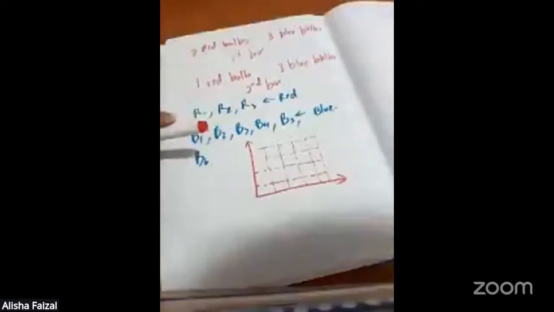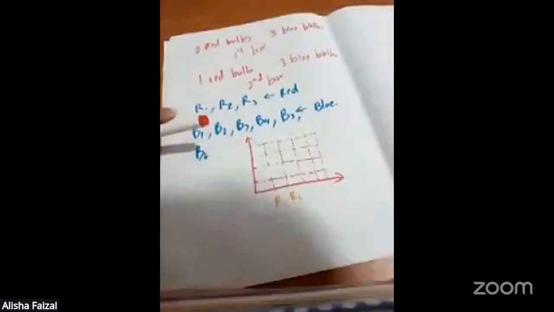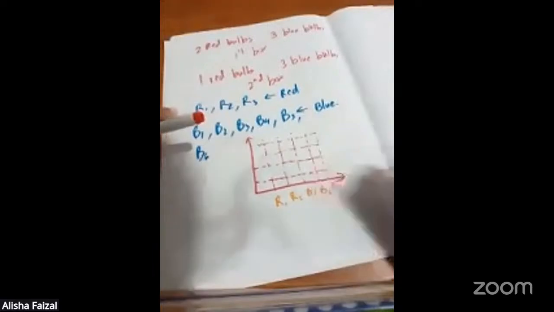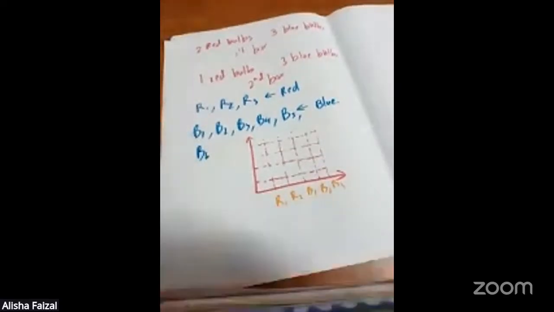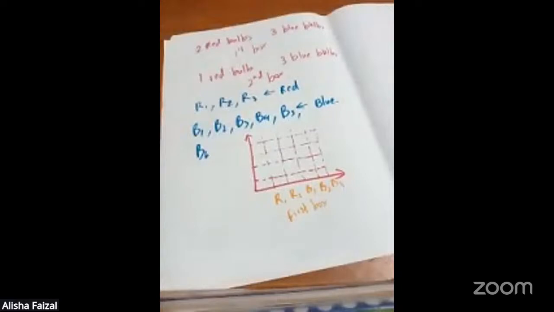So in the first box, you have R1, R2, B1, B2, B3. That is the first box. They've written that. Second box, what they have given?